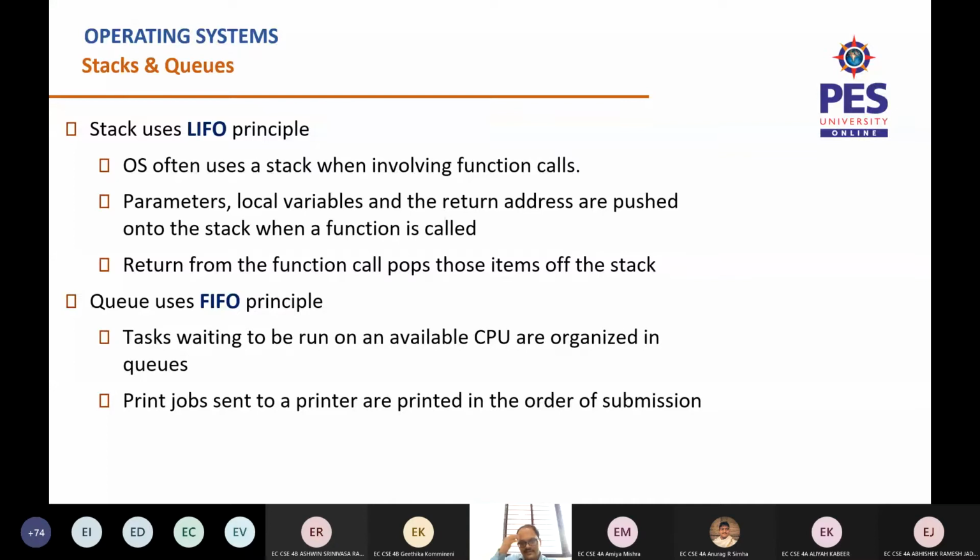Generally all these processes are scheduled using queues in the operating system, as well as printing jobs. You might have seen that whenever you give a print command on multiple documents on a desktop, a queue is formed. The first document which you gave for printing is given preference first.